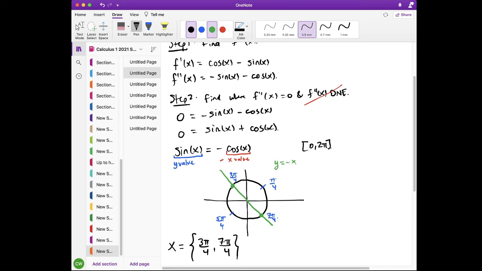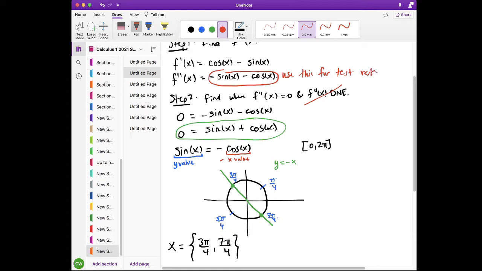Don't use this expression when plugging in numbers, because what we did here was we factored out a negative 1. You need to use the expression before setting things equal to 0. So we use this for test values, because you might do some things to make it look nicer here. And don't use this.